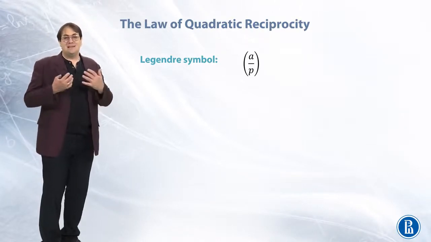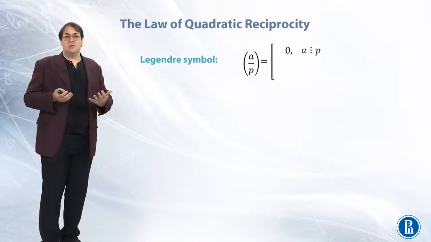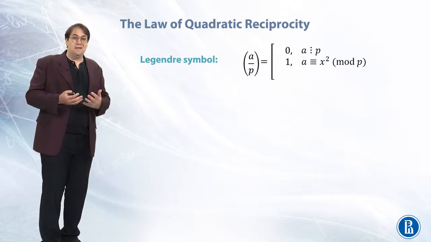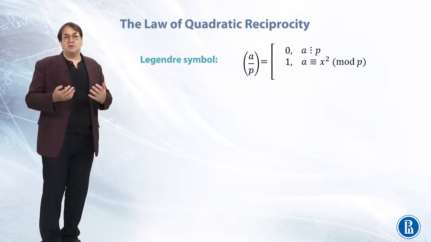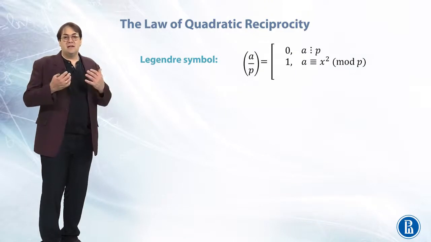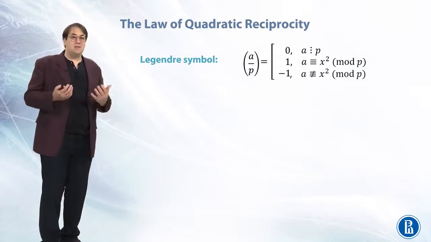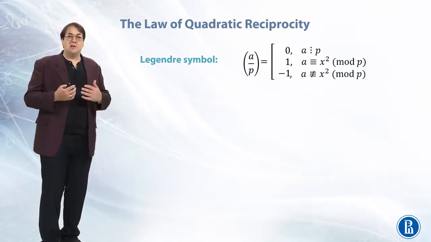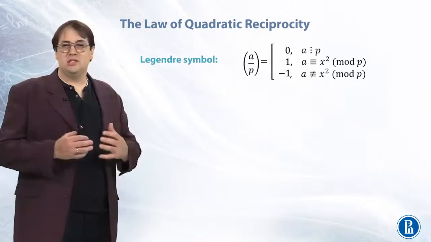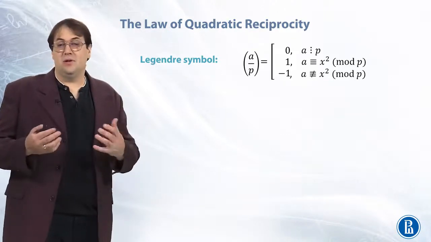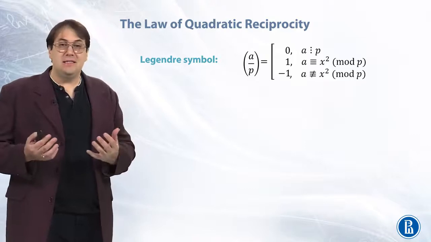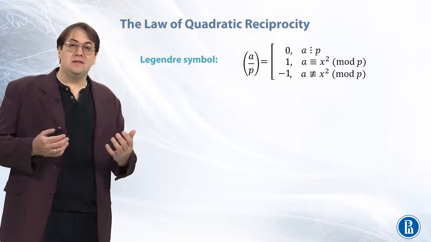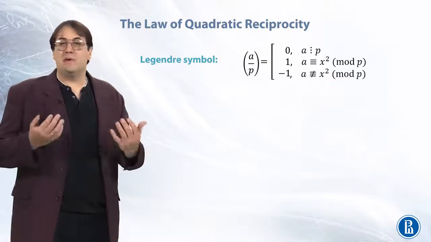It is a symbol that denotes either 0 if a is divisible by p, or 1 if a is congruent to some x squared modulo p, or minus 1 if there is no such x that a would be congruent to x squared modulo p. So the symbol of a modulo p is 1 or minus 1, whether a is or is not a quadratic remainder modulo p.